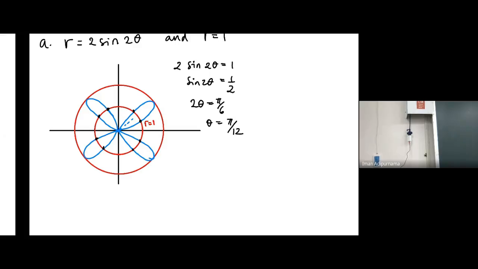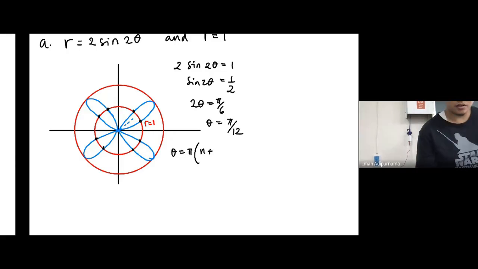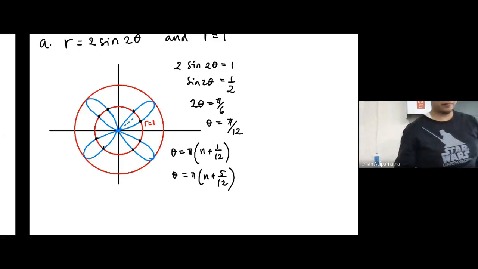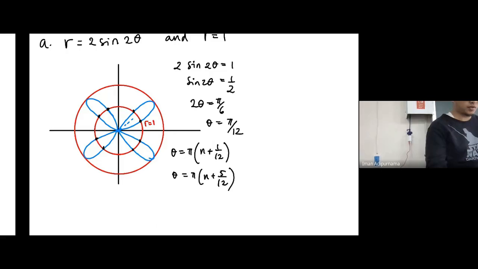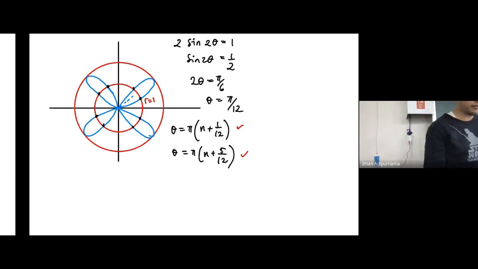And then you can add the repetitions. Okay? So you get theta is pi n plus pi over 12, and theta is pi n plus 5 pi over 12. So these are the intersections.